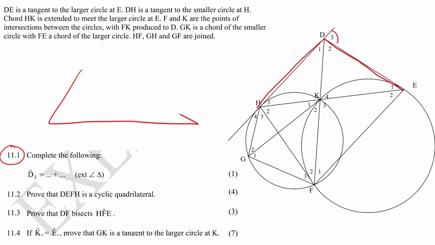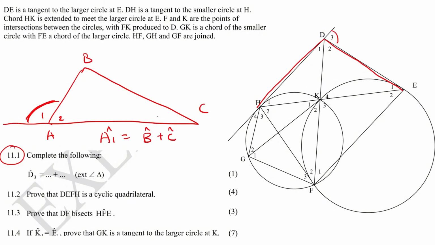If you have a triangle and let's say you've got some angles A1, A2, B, and C. We know that A1 is called an exterior angle, and we should know that A1 is always equal to the sum of the other two angles added together, so the opposite two angles added together.